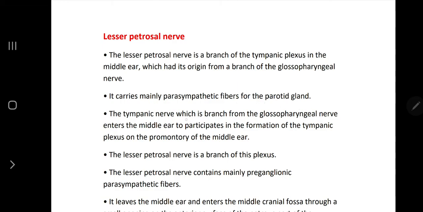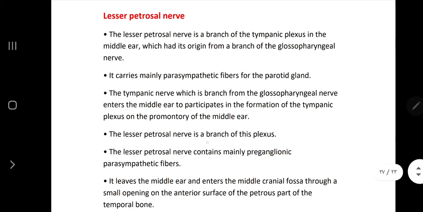The tympanic nerve, a branch of the glossopharyngeal nerve, enters the middle ear and participates in the formation of the tympanic plexus on the promontory of the middle ear. The lesser petrosal nerve is a branch of this plexus.